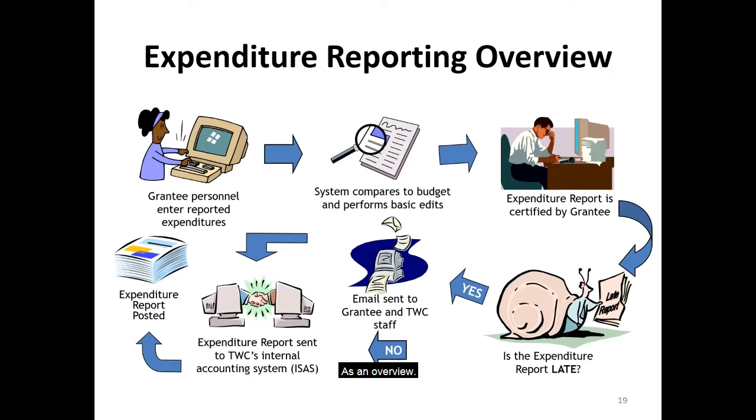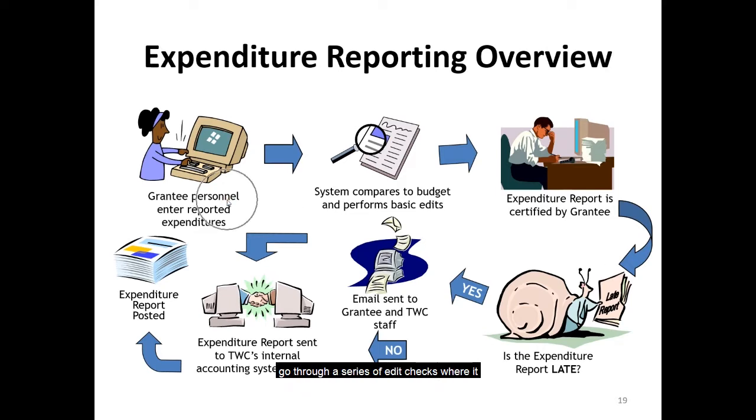As an overview of the expenditure reporting system, we're going to talk about the deadlines shortly, but just in general, the system was designed to capture expenditures on a monthly basis through the life of the contract. Our grantees will enter those expenditures.